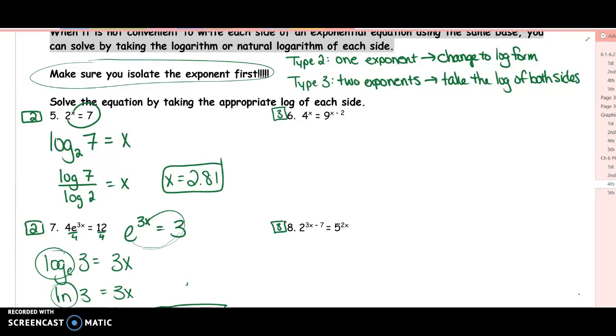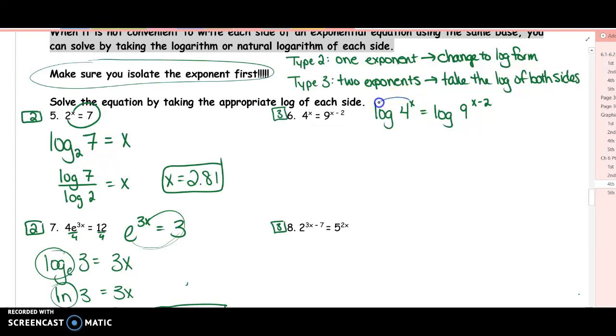These are going to require a little bit of work, and there's not a ton of space, so just keep that in mind and try not to write huge on these problems. First thing we're going to do is log of 4 to the x equals log of 9 raised to the x minus 2. Does anyone remember from last week what happens to exponents inside logarithms?